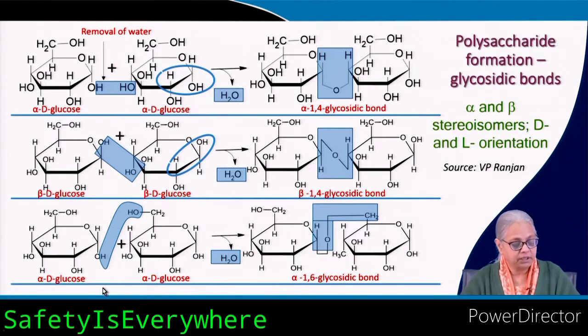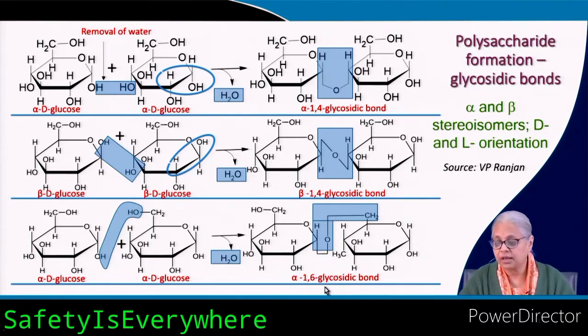Then we have another permutation that is possible. The hydrogen on the C1 position is going to bond with the hydroxyl at the C6 position, and therefore it's called an alpha 1,6 glycosidic bond.